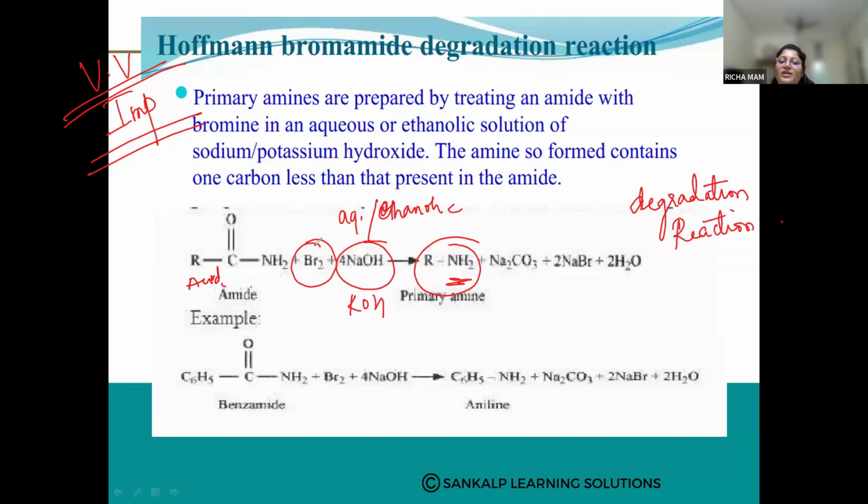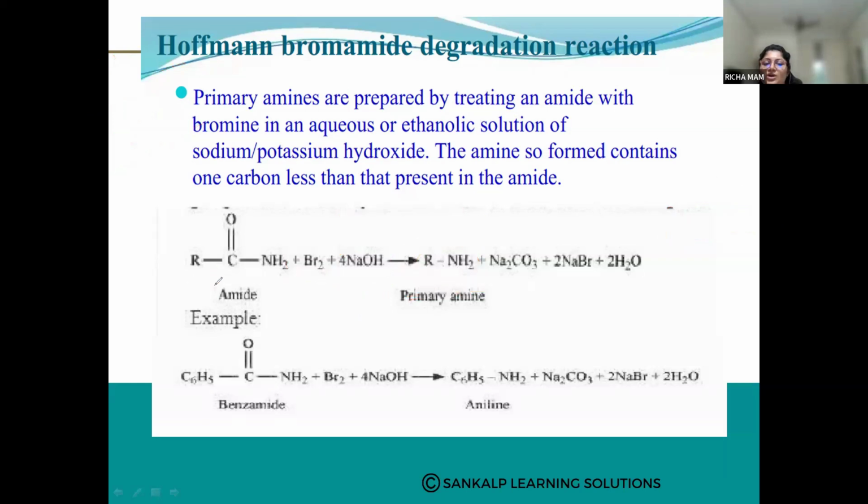Because acid amide is heated with bromine in the presence of aqueous or ethanoic NaOH or KOH to give primary amines having one carbon atom less than the parent amide. This is the general formula: amide reacting with bromine in the presence of NaOH, heated, gives a primary amine, Na2CO3, NaBr plus 2H2O.